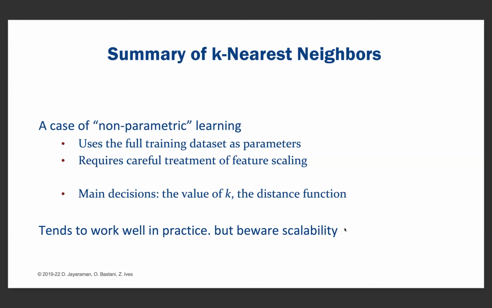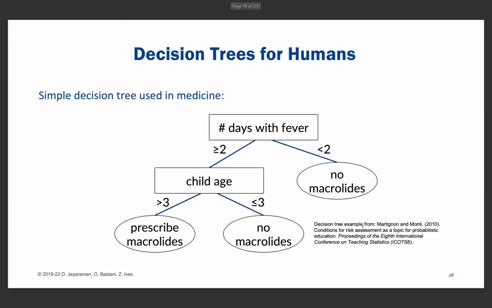It tends to work well in practice, but scalability is an issue. Okay, so that is k nearest neighbors. It's a very simple algorithm. It was one of the first algorithms which was also very easily generalized, for example, in the quantum machine learning domain, because it's relatively straightforward, and distances are relatively easy to measure also within the quantum mechanical domain.